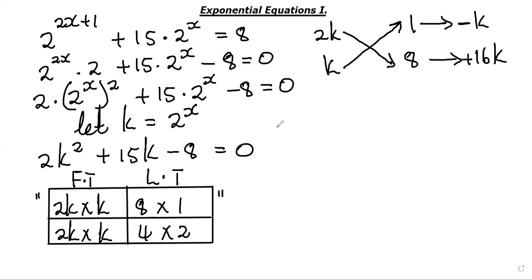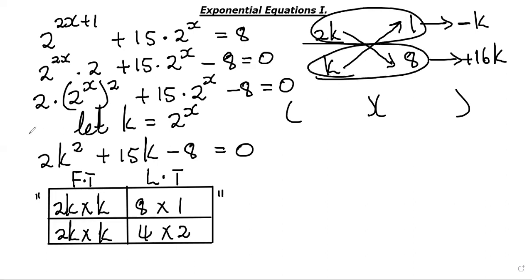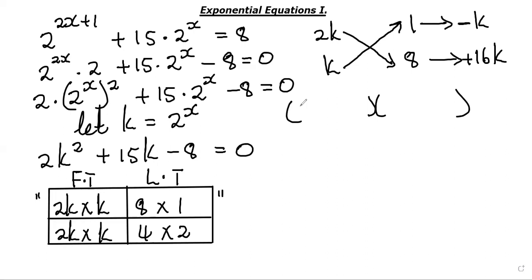Now, from this point, we can get factors that factorize this quadratic equation. So which factors are those? Well, this is the first factor, and this is the second factor. So you say it's 2k and 1, and then here you say k and 8. Now, where do we get the signs of these factors? This is where we get the signs.